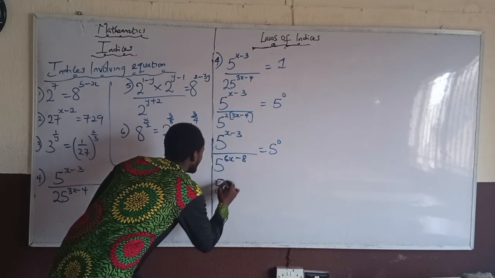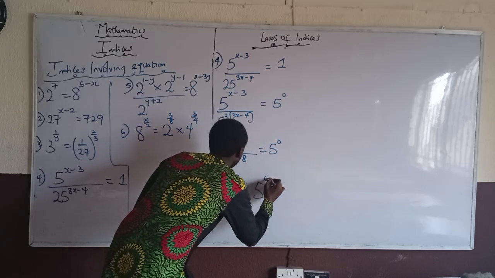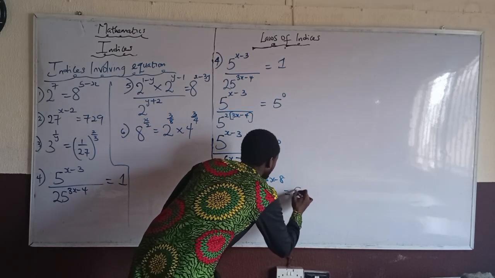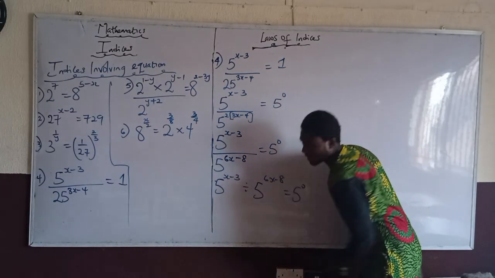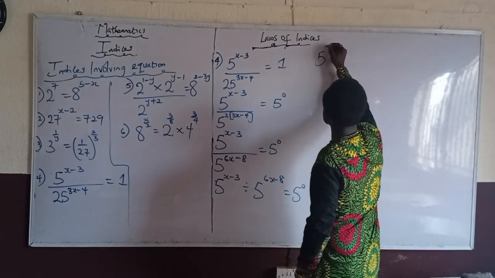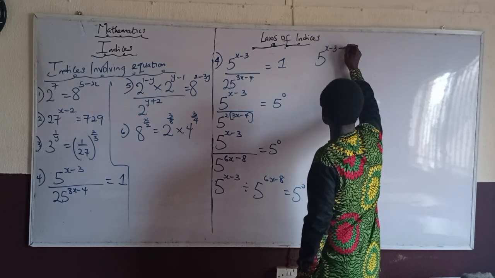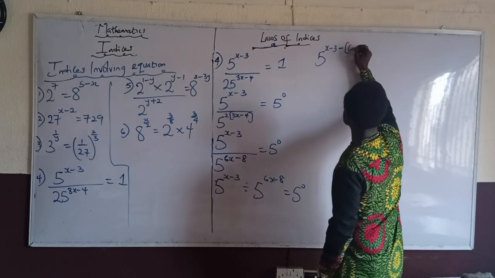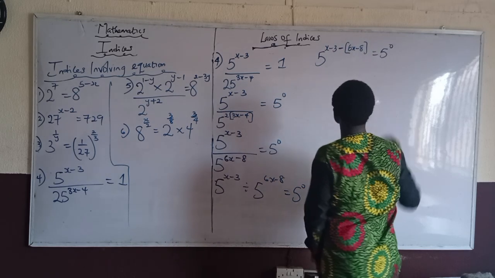Here is 5 raised to x minus 3 divided by 5 raised to 6x minus 8 equals 5 raised to 0. So from this division, I will pick 1 and subtract the power. So here becomes 5 raised to power x minus 3 minus 6x minus 8 equals 5 raised to power 0.